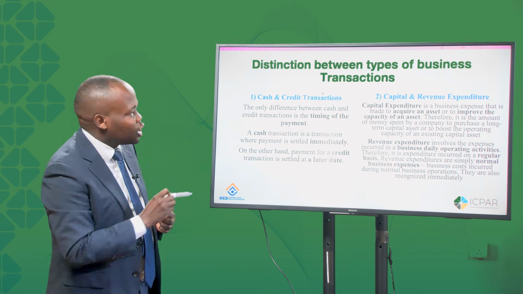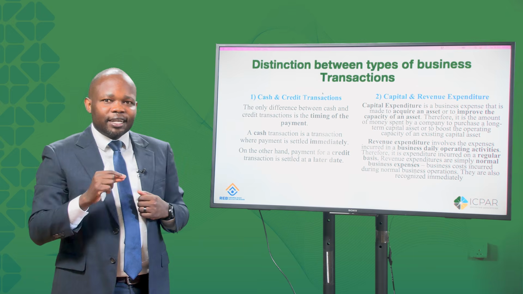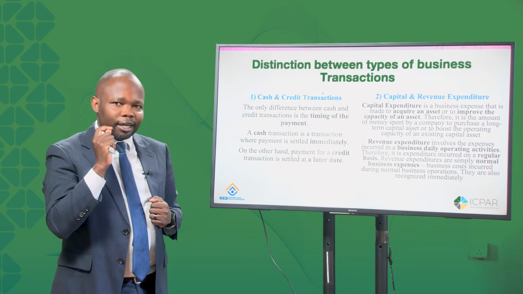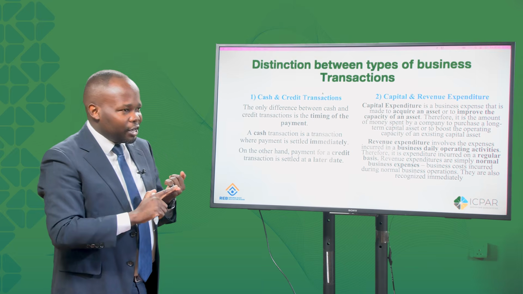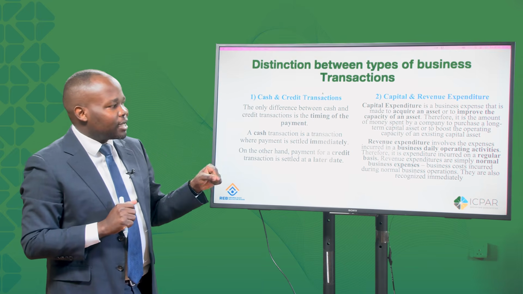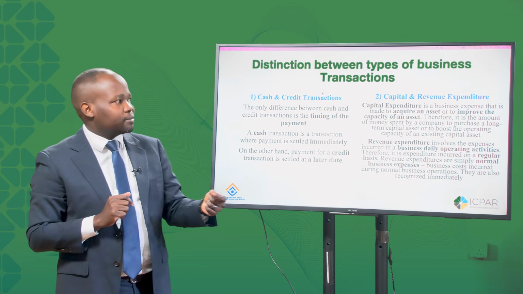On the other hand, revenue expenditure involves expenses incurred in the daily operating activities of the business. So revenue is on the daily operating activities of the business. Revenue expenditure are expenditures on a regular basis.